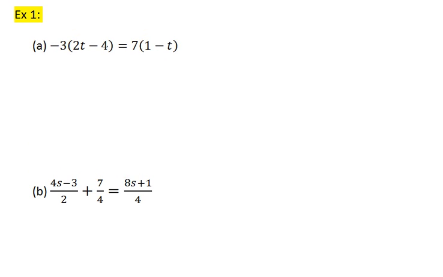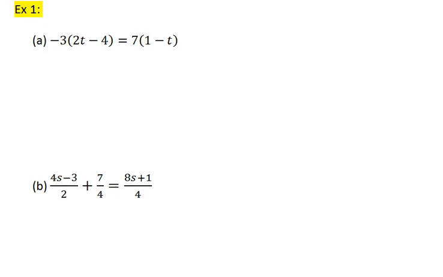In example 1, we have negative 3 times 2t minus 4 equals 7 times 1 minus t. Let's distribute the negative 3. We get negative 6t plus 12 equals 7 minus 7t. Go ahead and add 6t to both sides.